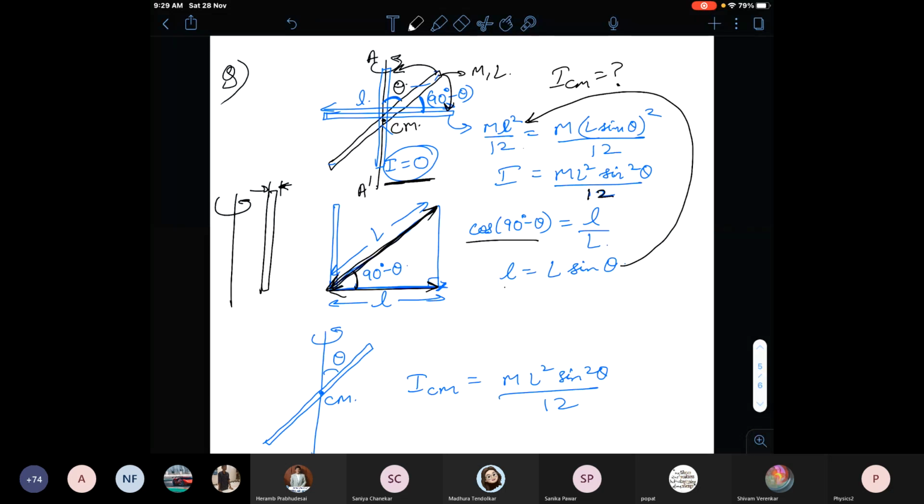That is why the moment of inertia about that axis came out to be 0. So the net moment of inertia is the sum of these two, that is ml square sine square theta by 12. That is the moment of inertia which we need.